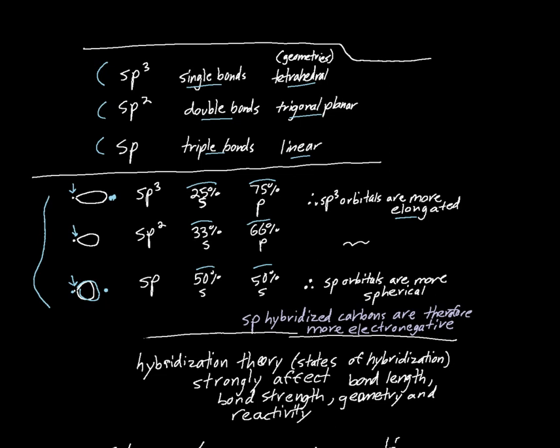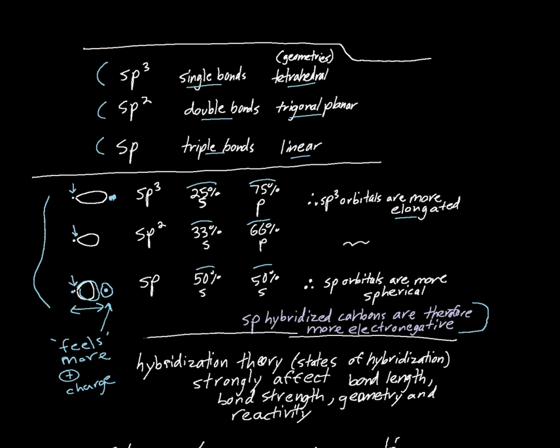Notice it's closer in distance here to the nucleus. So this particle or other atom feels more plus charge. And so we can conclude that sp hybridized carbons are more electronegative. It's a very interesting result of all of this.